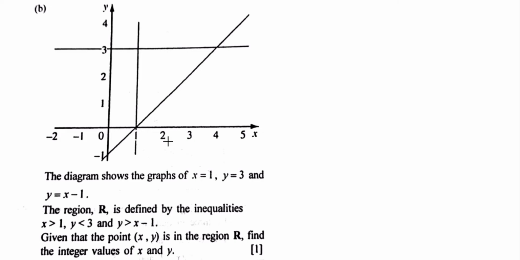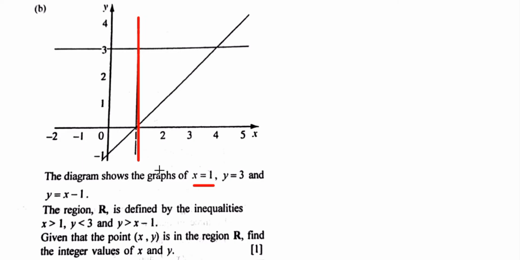The first line is x is equal to 1. As I said above, x is equal to some real number always represent a vertical line. So my dear students, this line represent x is equal to 1 here.